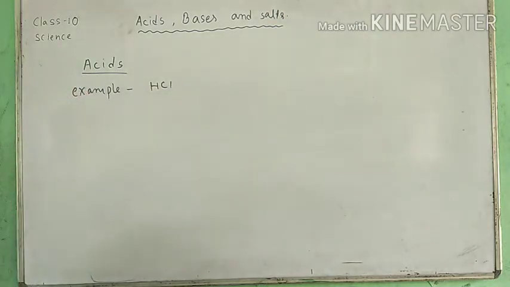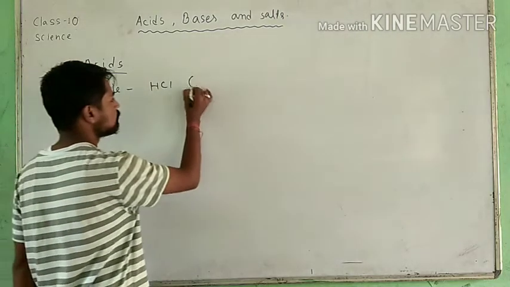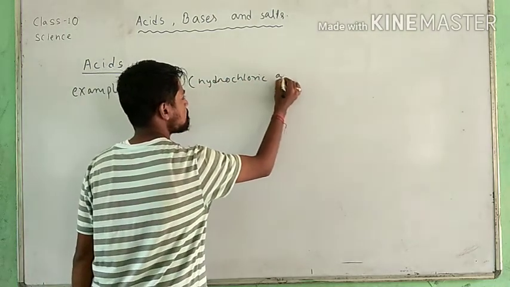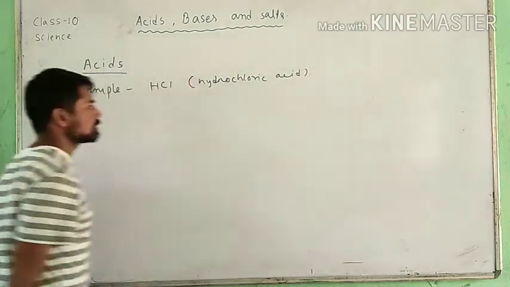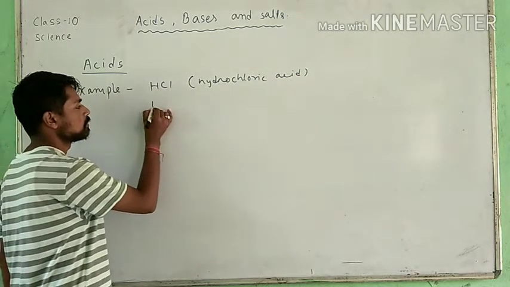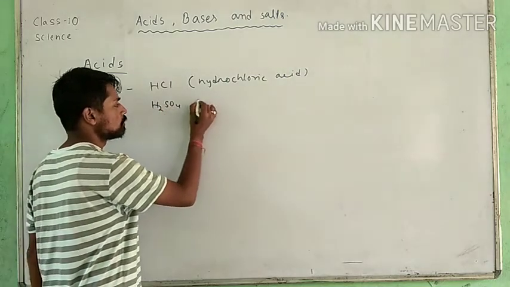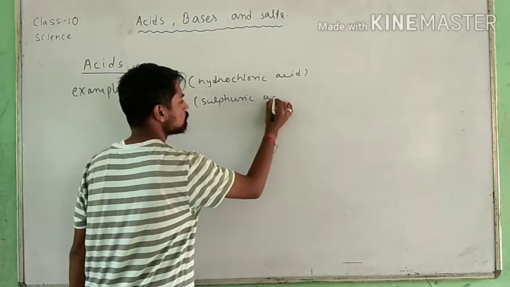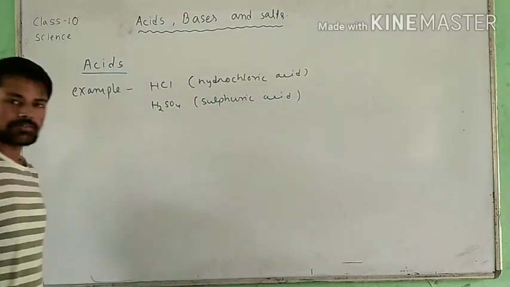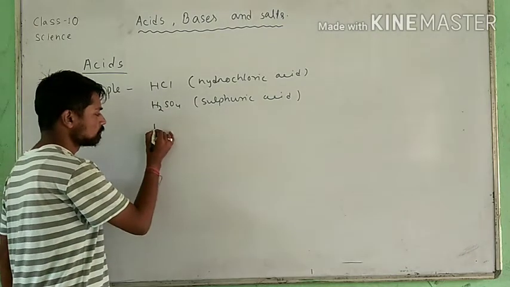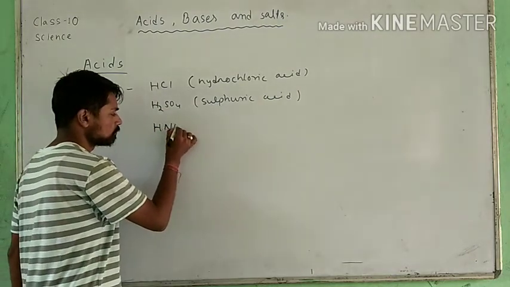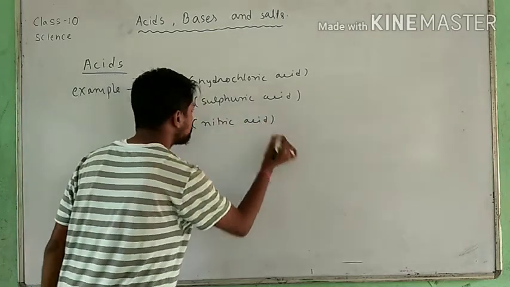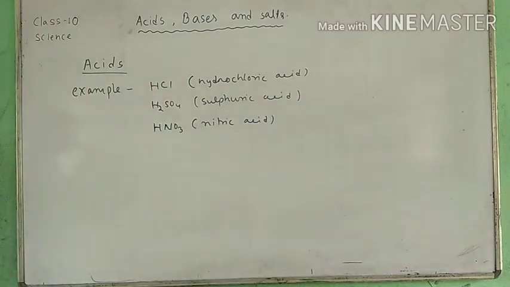HCl, which is known as hydrochloric acid, H2SO4, sulfuric acid, nitric acid. Hydrochloric acid, sulfuric acid, nitric acid.